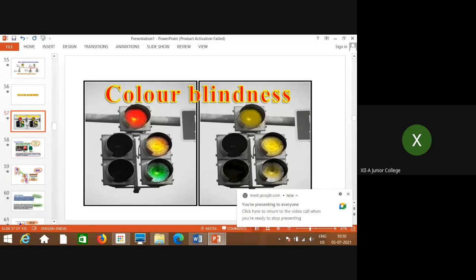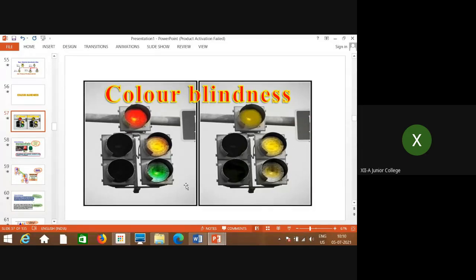Now you can understand this is one of the phenomena or expressions related to sex linked inheritance. It is inherited from parents to the offsprings, and this is one of the examples. Sex linked because this is related to the sex of the child. When it is inherited, which chromosome is it related to?